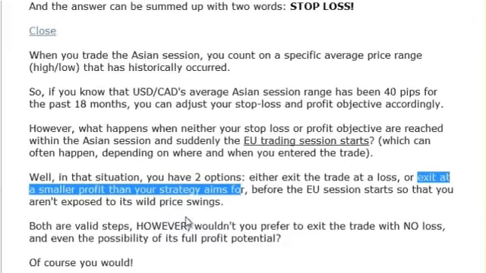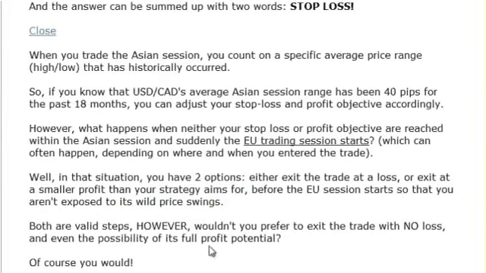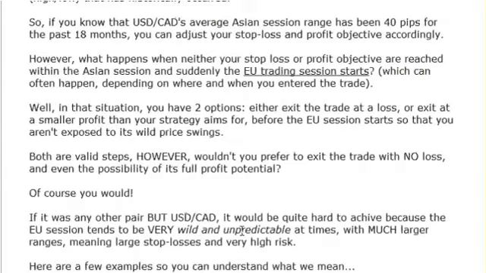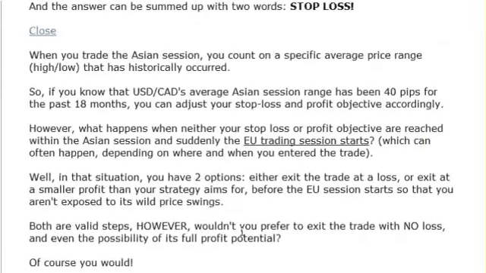However, wouldn't you prefer to exit the trade with no loss and even with the possibility of its full profit potential? All right? Of course you would. If it was any other pair but USD CAD, it would be quite hard to achieve any of that because the EU session tends to be very wild and unpredictable with much larger ranges, meaning large stop losses, very high risk.